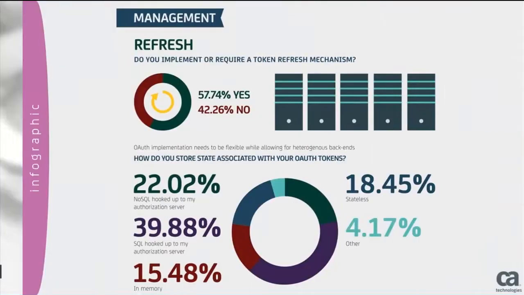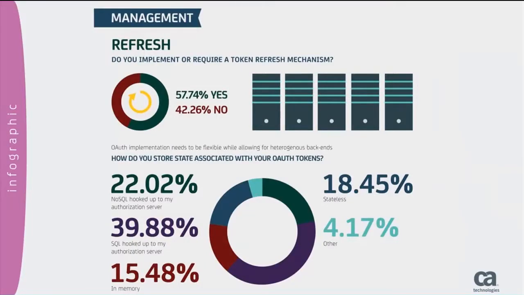So you can then implement all of your own mechanisms. If we're in the banking space, we would also like to have two-factor authentication. We would like to have stricter validation and stricter expiration dates of those tokens. But in general, this is what refresh tokens are for. In the infographic here, you also see that companies we've been talking with already implement a refresh mechanism, where 57% say yes, we do implement or require a token refresh mechanism.